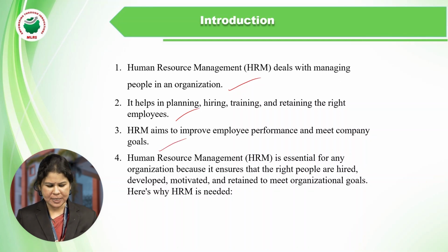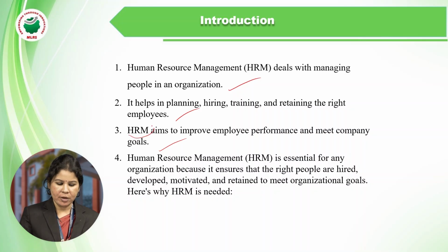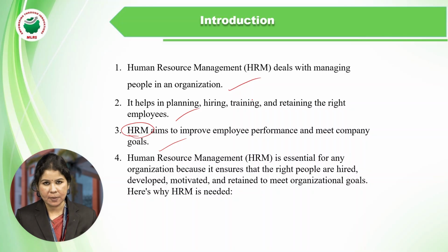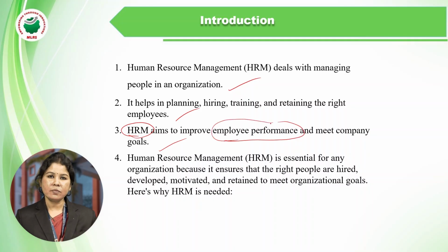performance and meet company goals. See, any operative function, whether it is HRM or financial management or marketing management, the goal is to have a better organizational performance. So if individual performance is good, then team performance will be good, and if team performance is good, then organization performance will be good.